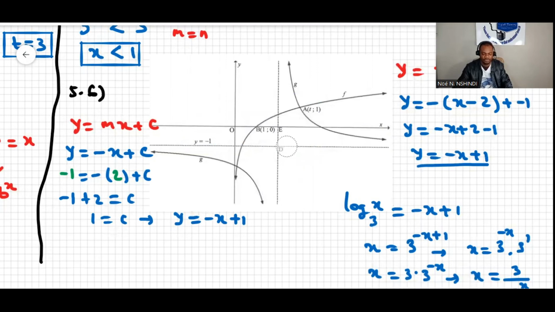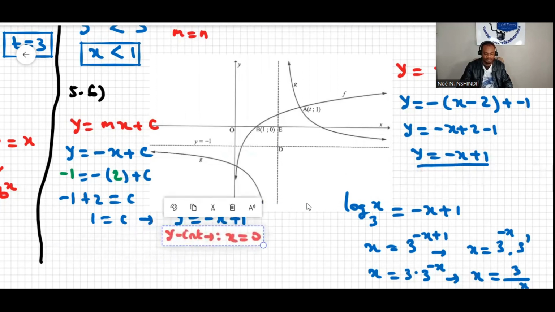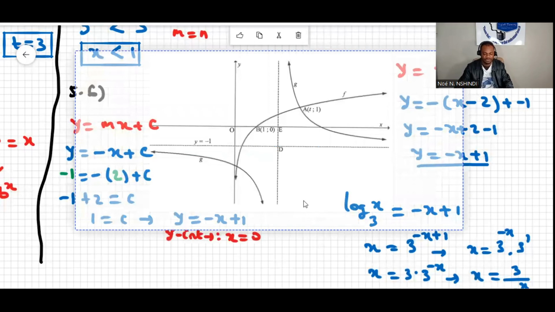If I need to draw the graph, you see that the y-intercept of the graph here is 1. Y-intercept means when x is equal to 0. Or maybe let's just write it over here because of space. Y-int means x equals 0.